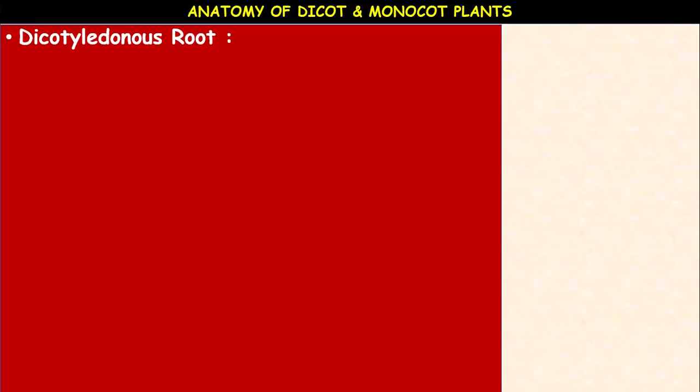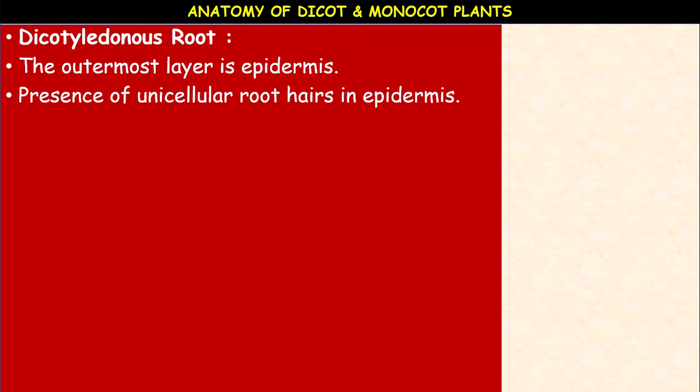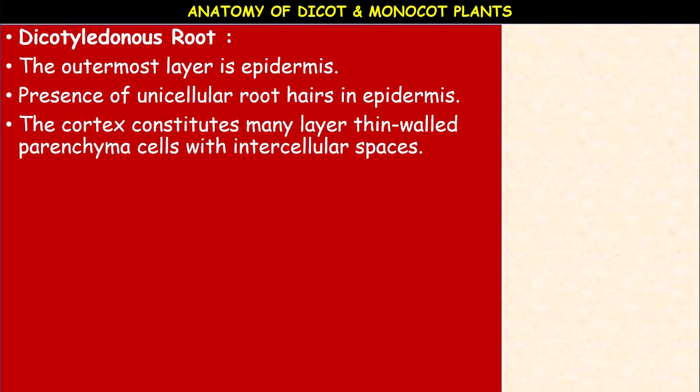So, let us proceed. The dicotyledonous root first. Here the outermost layer is epidermis. The presence of unicellular root hairs in the epidermis is the characteristic feature. What are the characteristic features of the dicotyledonous root? The dicotyledonous roots possess an outer layer epidermis with unicellular root hairs. The cortex consists of many layers of thin walled parenchyma cells with intercellular spaces.